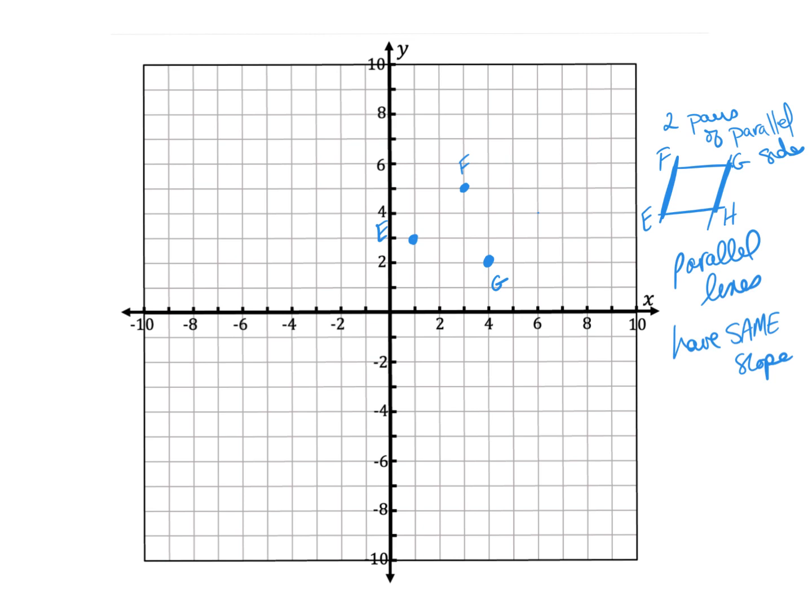So when I count the rise over run from E to F, it's 2 by 2. Oh, I wrote this wrong, sorry. This is G, this is H, my bad.